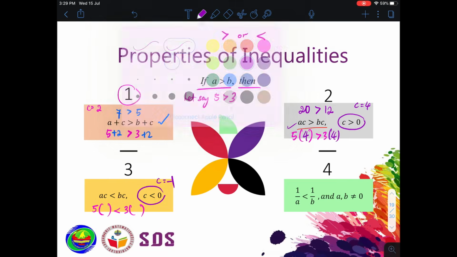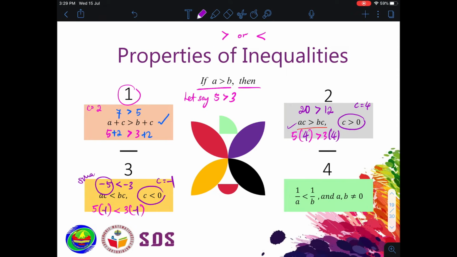So I put in negative 1, and I will see that this is negative 5. Is it lesser than negative 3? Oh yes, negative 5 is smaller than negative 3. Therefore, this property is also working.